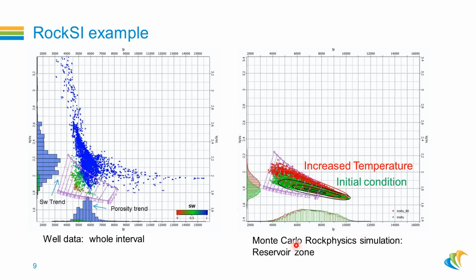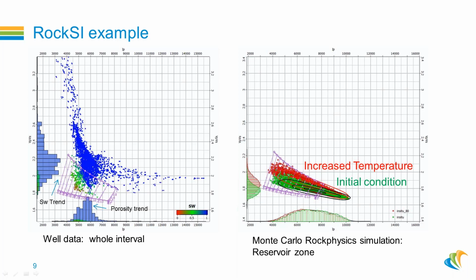And with this Monte Carlo simulation, I'm able to estimate the probability function of, for example, distribution of my reservoir in two different situations, in the initial condition and in the increased temperature condition. This can be used for the next step, which is interpreting, for example, inversion results. For example, you have acoustic impedance and VP/VS from 4D, or the variation of that, you are able to interpret those using this type of calculations, this type of PDFs actually.